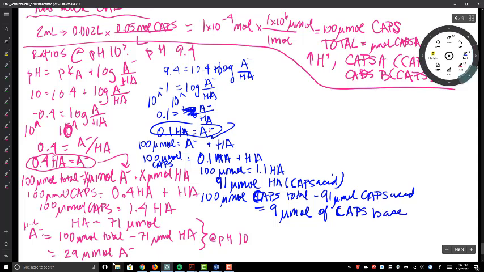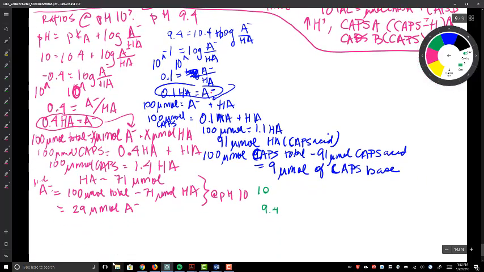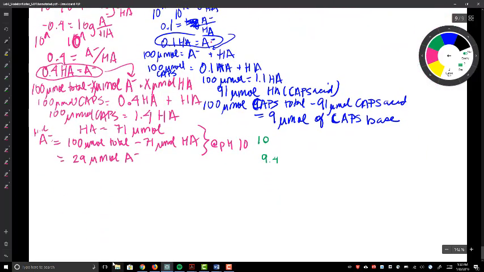Okay, so if we set this up, I like to set this up in a table because I think it's easier to see. So at pH 10, and then we go from 10 to 9.4. So caps acid, and then caps base.